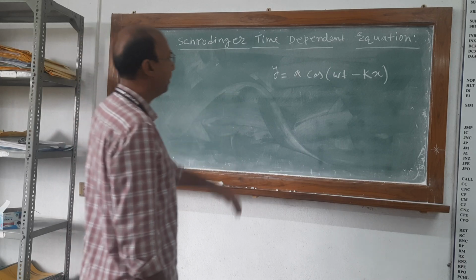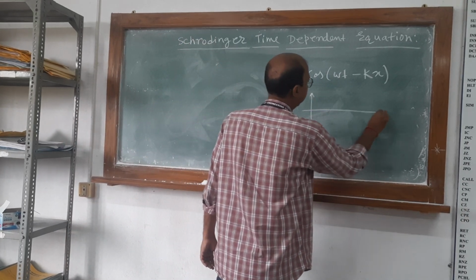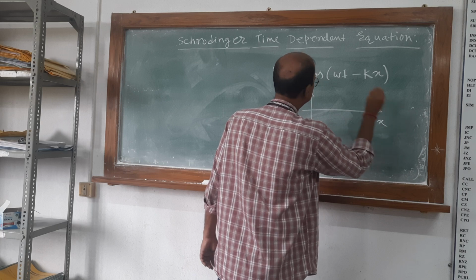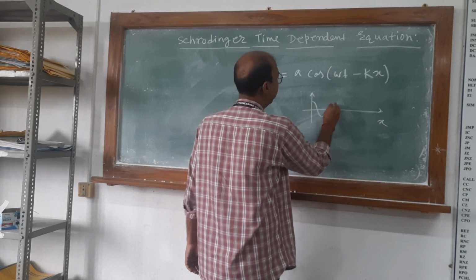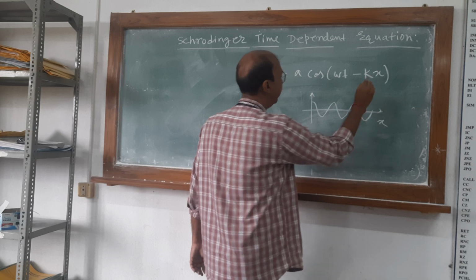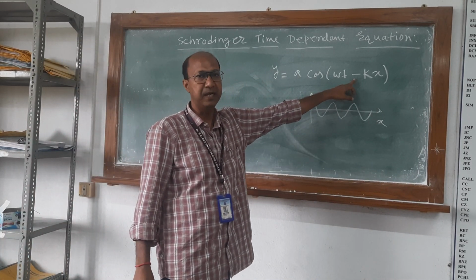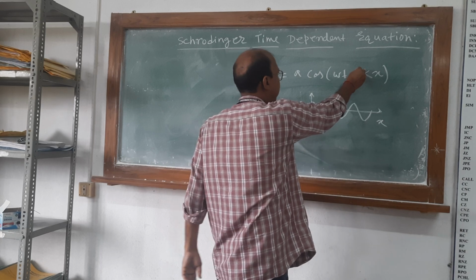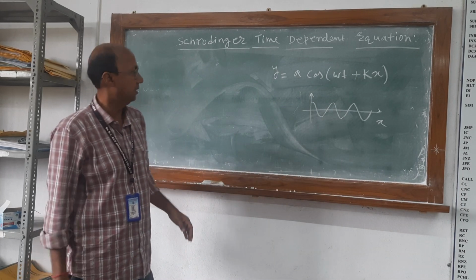This wave propagates in the positive x direction with amplitude a, because there is a negative sign. If there is a positive sign, then it will propagate in the negative x direction.